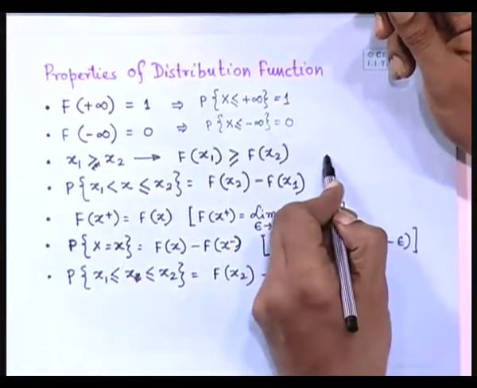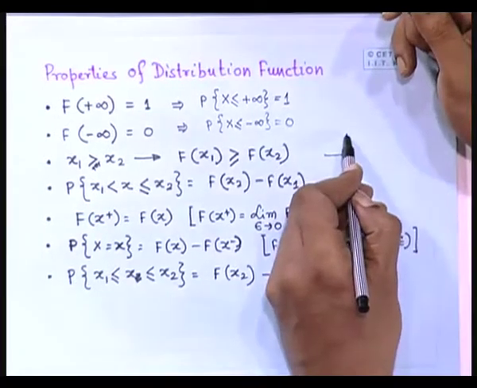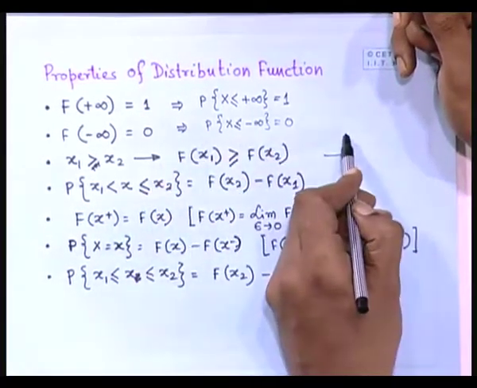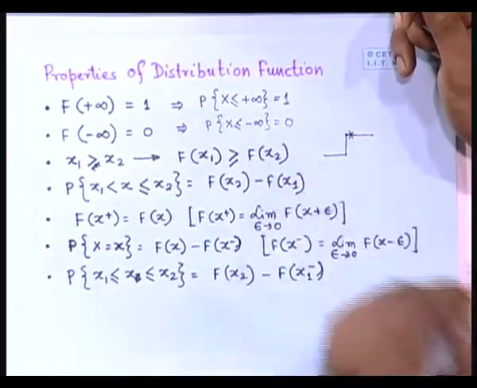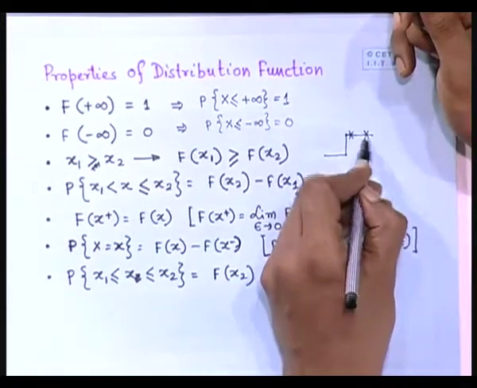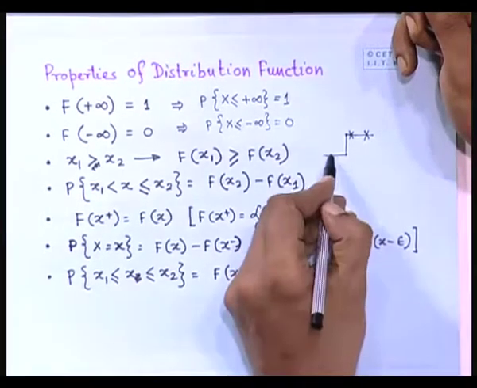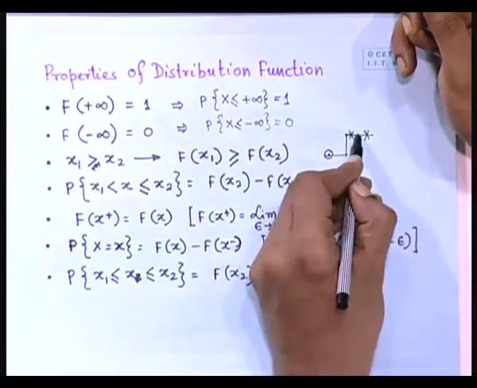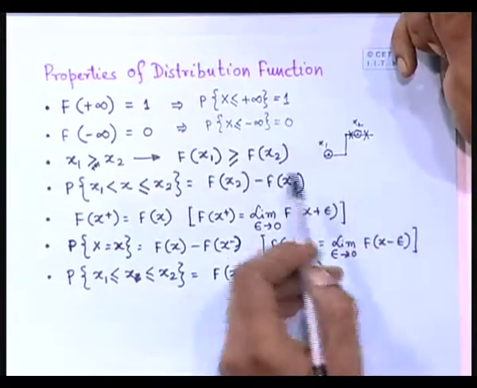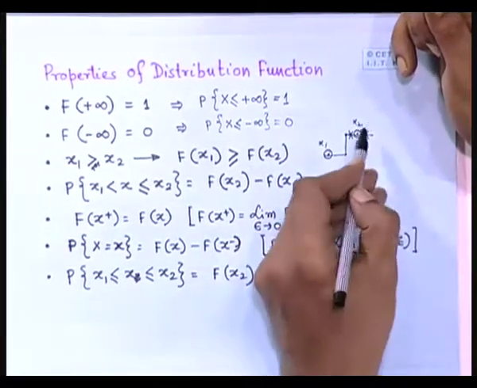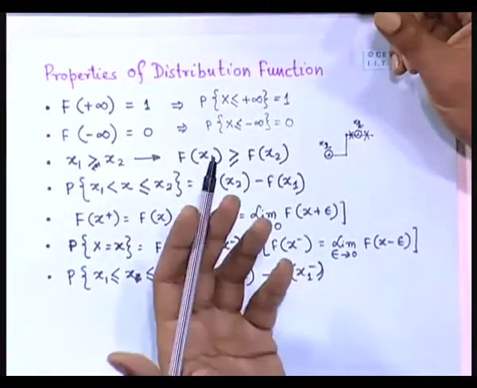Because the probability function, especially for discrete variables, we will see what discrete variables are, like the coin tossing experiment. What did you see? That the probability distribution function rises in steps. So suppose this is x1 and this is x2, then f of x1 is equal to f of x2, and on the other hand, if this is x1 and this is x2, then you have f of x1 greater than f of x2, and these are the only two cases.